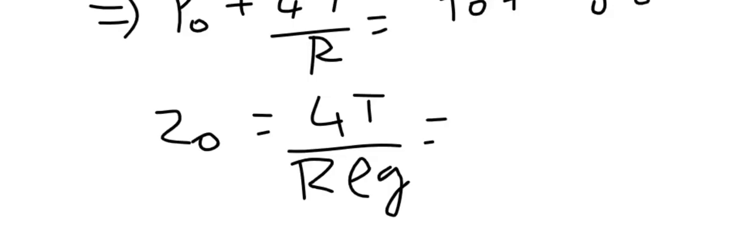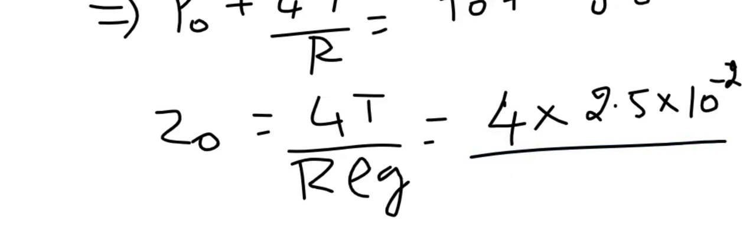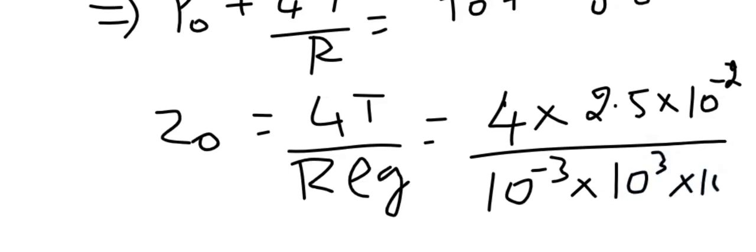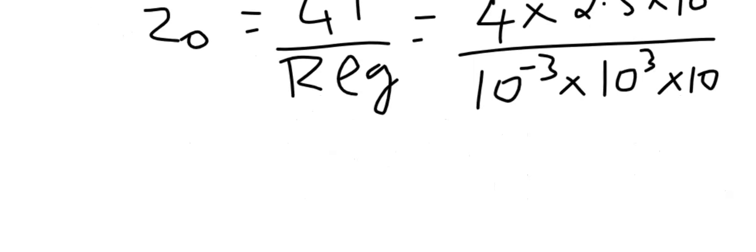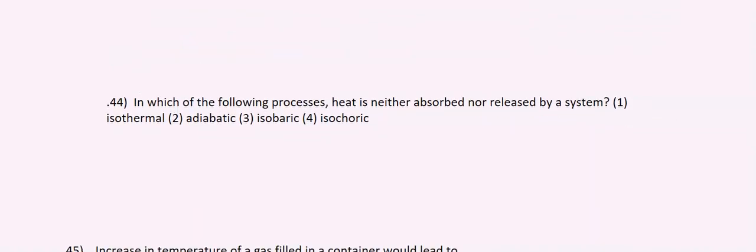So having known all the values, we can substitute. 4 into 2.5 into 10 to the power of minus 2, divided by 10 to the power of minus 3 into 10 to the power of 3 into 10. Simplifying this, we get 1 centimeter. Let's see which option is correct. Option 3 is correct, 1 centimeter.